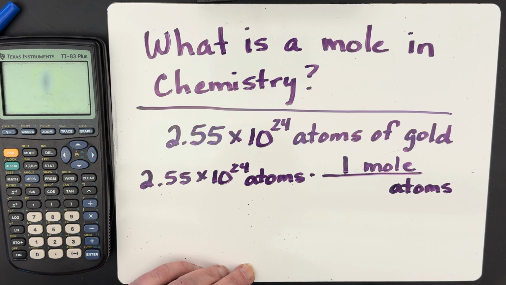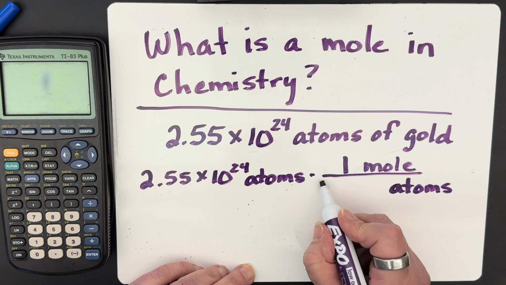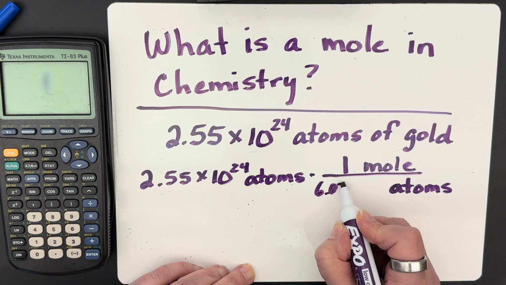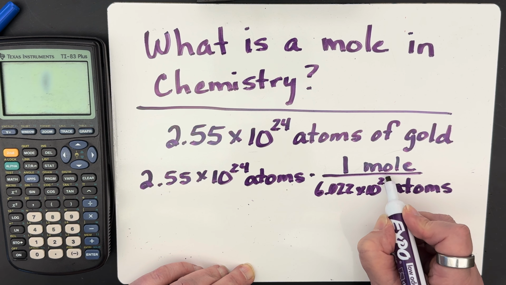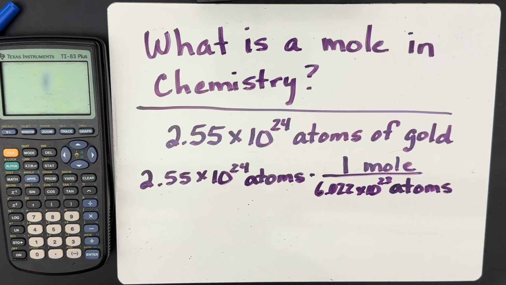Well, 1 mole of anything is 6.022 times 10 to the 23rd of those things. Now there's 2 ways you can do this. You can do it in your calculator, or you can cancel parts of it to make the problem a little easier to put in your calculator.